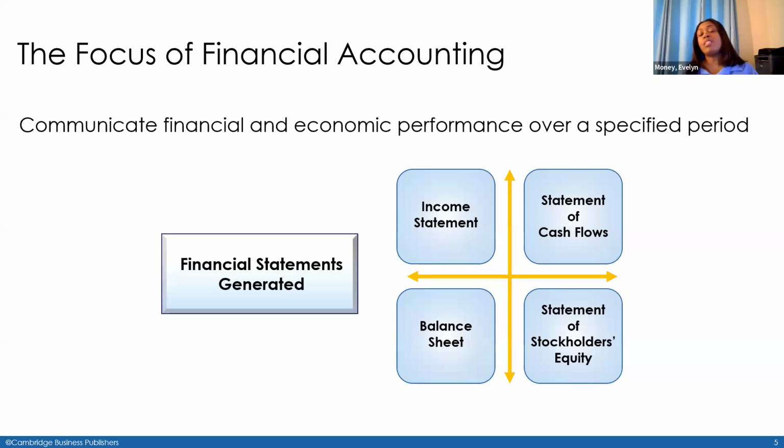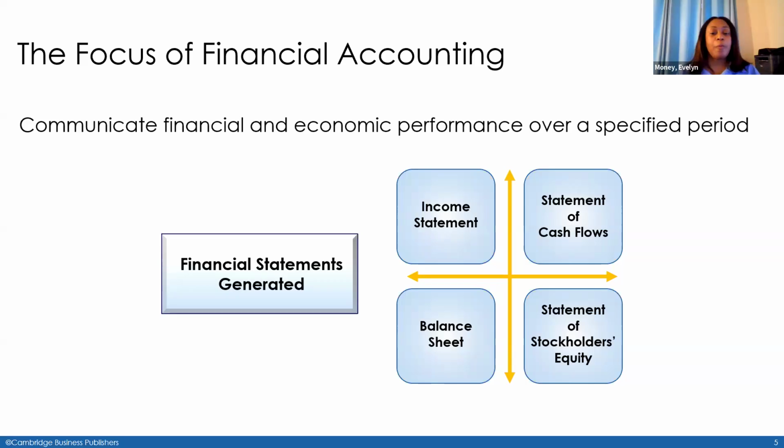So when we're looking at the income statement, it will report on revenues and expenses, but at the end, it is going to give us a profit amount or net income. So we're going to take the difference between revenues and expenses. Well, that number then rolls forward to the next statement because the owners own those profits. So we take the beginning equity, we add in any profits, and we subtract out any payments or distributions to owners. We call those dividends. And then that gives us our ending equity.